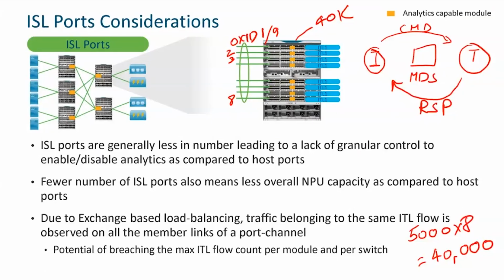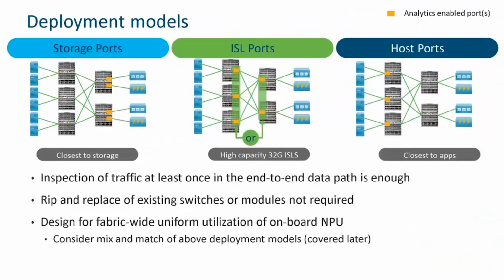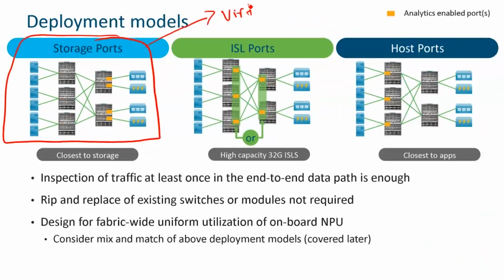With Vertana, they only support enabling analytics on storage ports. Not server ports, ever? Nope. Among these three models, with Vertana, enabling on storage ports is the only option. With SAN Insights, you can do all three of them. I'm not saying one is better than the other, I'm just letting you know.